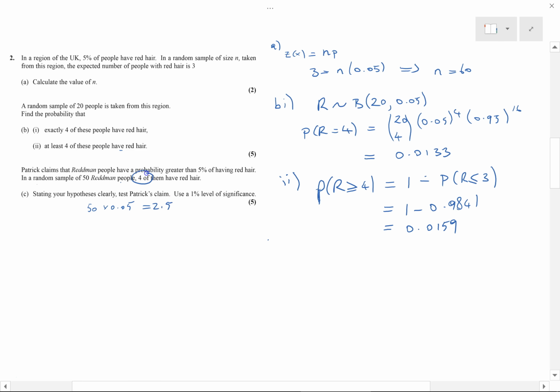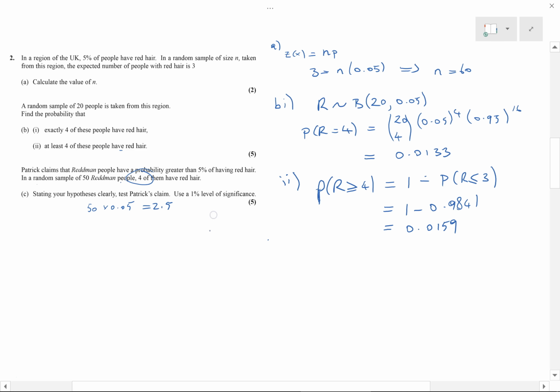Now we've got more than that. So what we have to do is test that we get 4, or something even more surprising, 5, 6, 7, all the way up to 50.